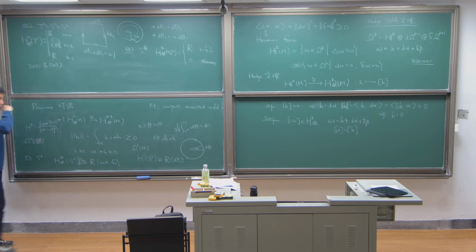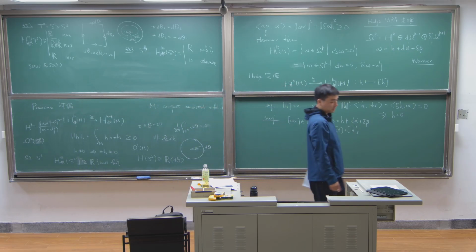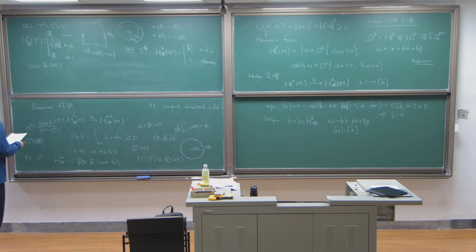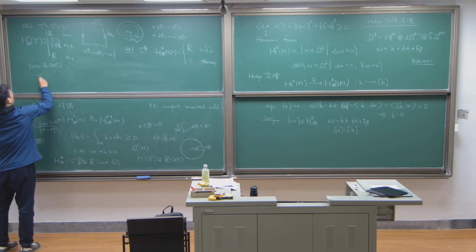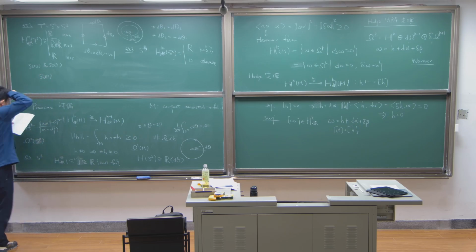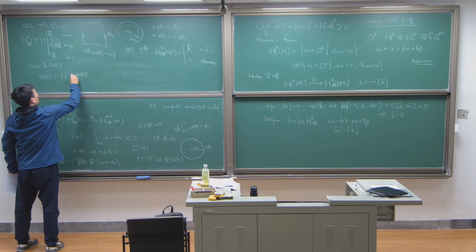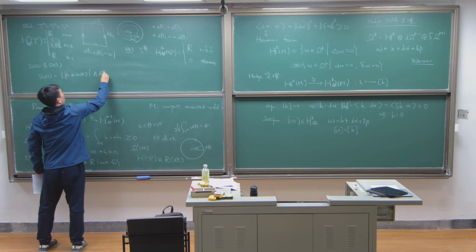SO3. This is 非常重要的李群。And SU2, SU2 is 2 by 2 matrices which satisfy this condition.